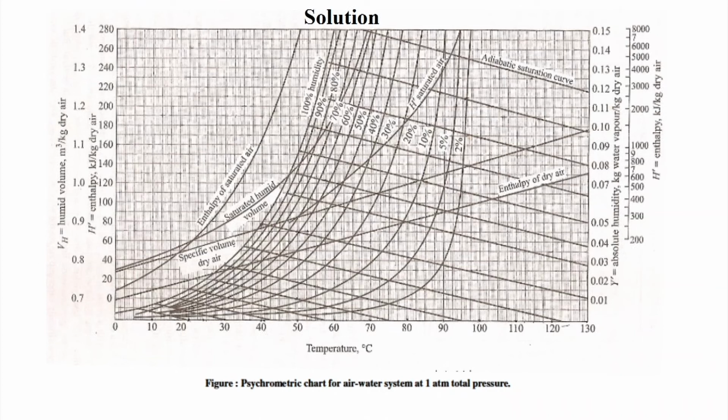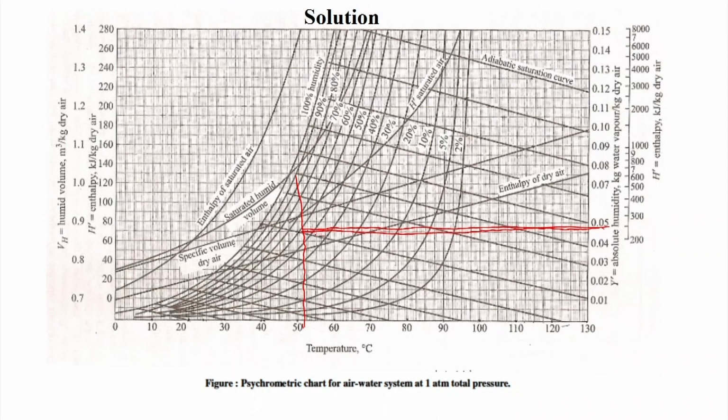We have Tg1 equal to 52 degree Celsius and humidity 0.0452.